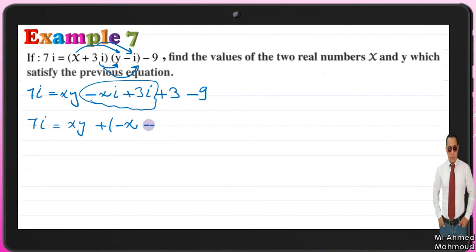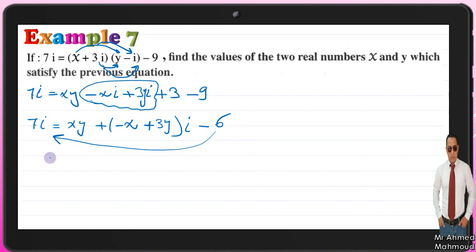Plus here 3i times y equals 3yi. I take y as a common factor, it will be plus 3y i, and here 3 minus 9 equals negative 6. Okay, to make a balance in this equation, I will send negative 6 there.